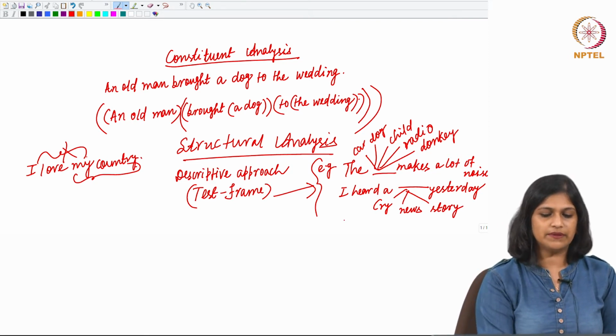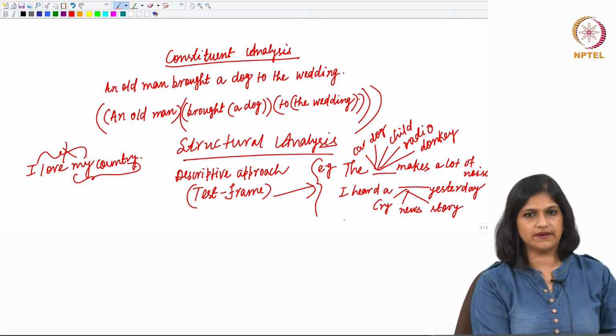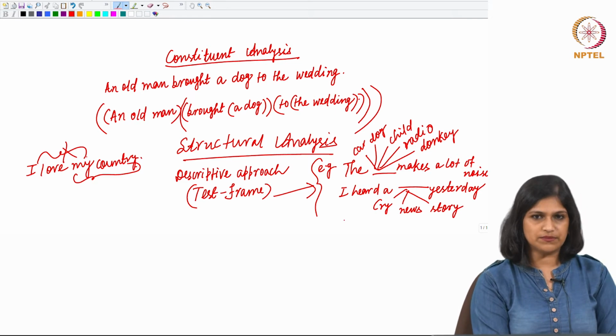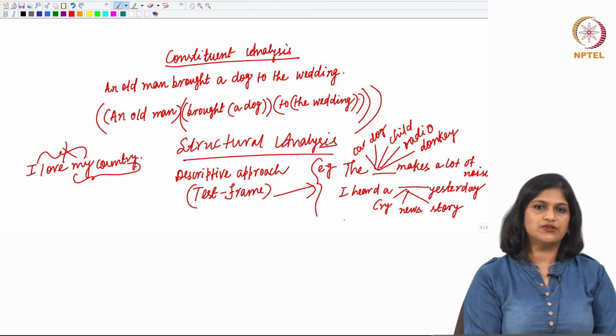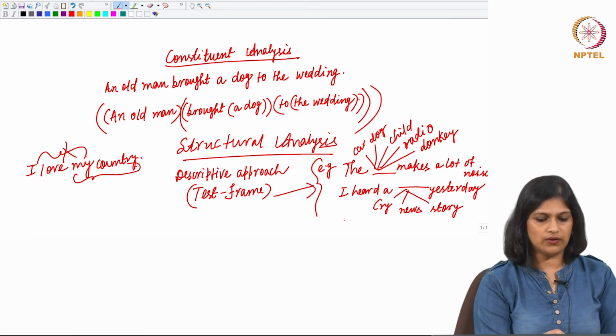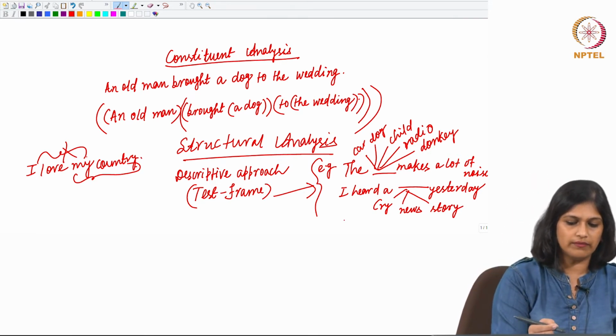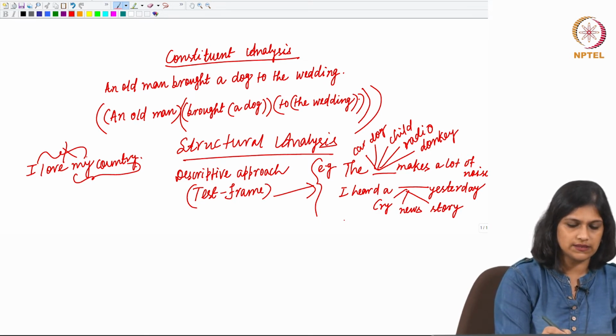Let us start from the first phrase or the first segment. What is the subject? The subject is an old man. So here you say an, old and man, three of them can come together to form a constituent, okay. An old man, and I think old man could also be a constituent.